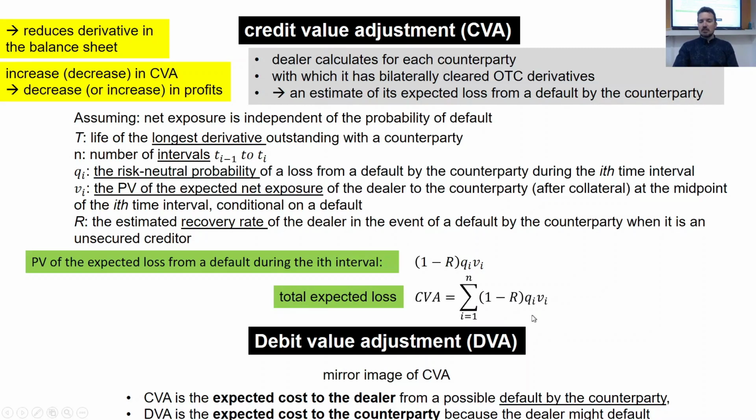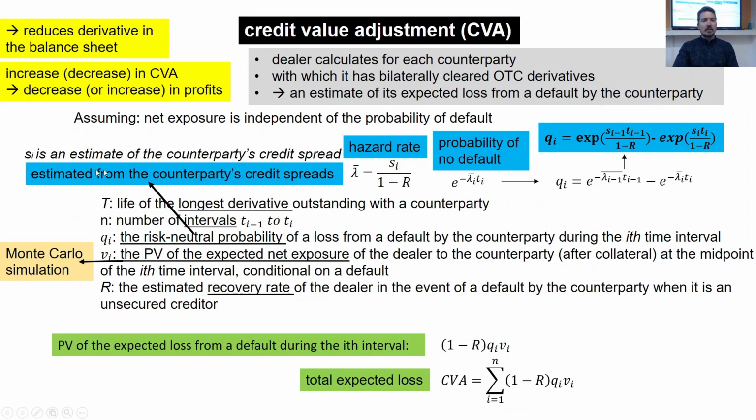After that, the funny thing is that we should simulate this one, and we should model the Q. Otherwise, the debit value adjustment will mirror completely the CVA, just going backwards, so it's negative when it's supposed to be positive, so it doesn't provide us any kind of advantages.